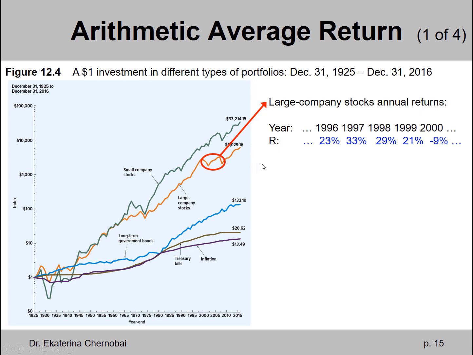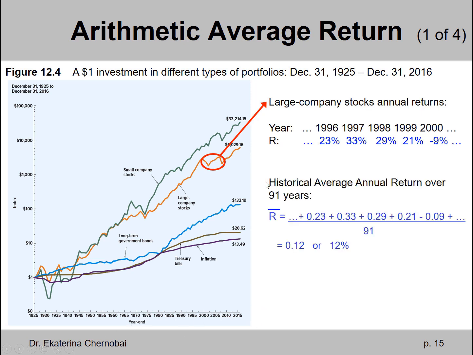So you actually have the percentage returns for every single year in this 91-year time period. And then to calculate the historical average annual return, you add all of them up. You can do them in decimals, or you can keep the percentages, and then you divide that sum by 91, right? How many of them you have. So you get 0.12 or 12%.